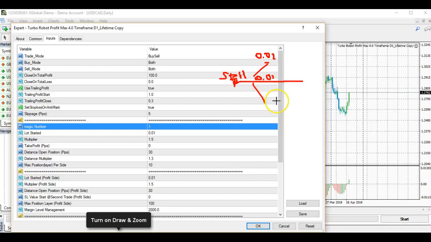If the position goes down, it will also be covered with anti-martingale. Anti-martingale means that even though this portion is losing, this other portion is a winning position, so it will double up as well if you want. It will go here with 0.02 on the winning position.